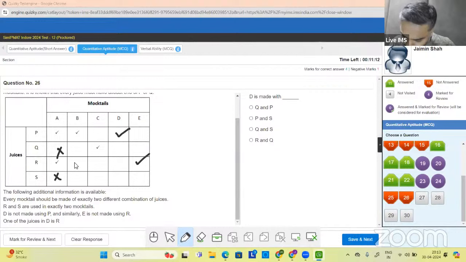P is R, this was cross, शायद ये क्रॉस था और ये क्रॉस था. ये क्रॉस था, this was cross.